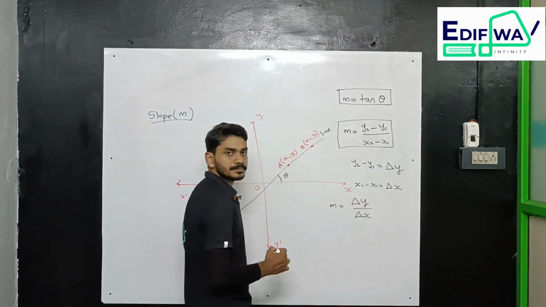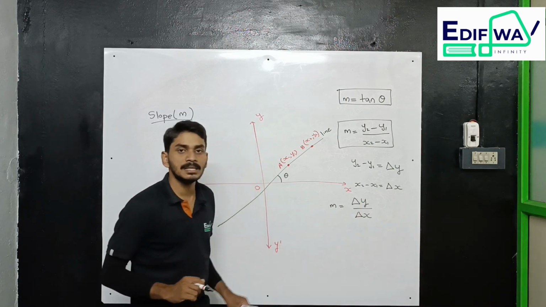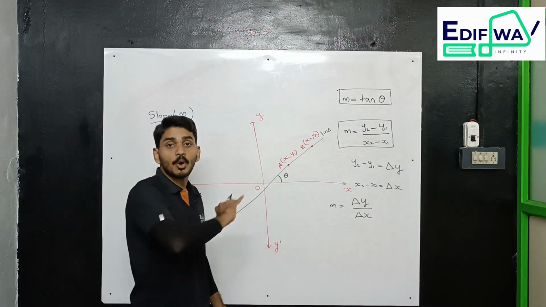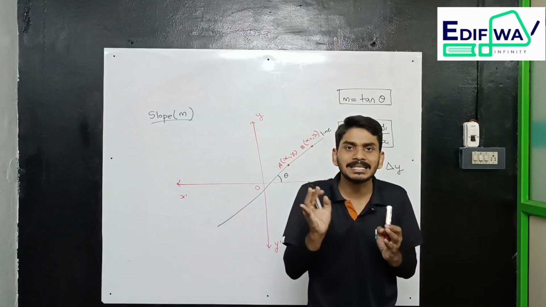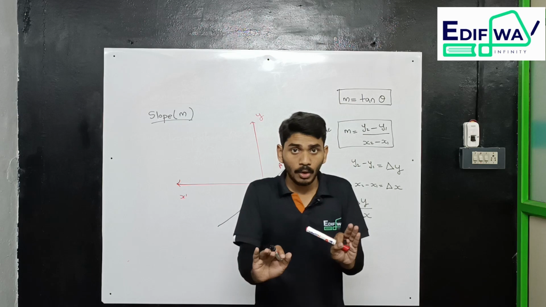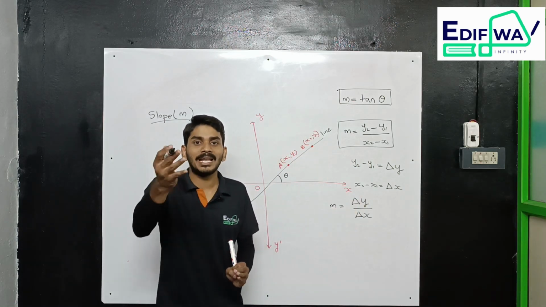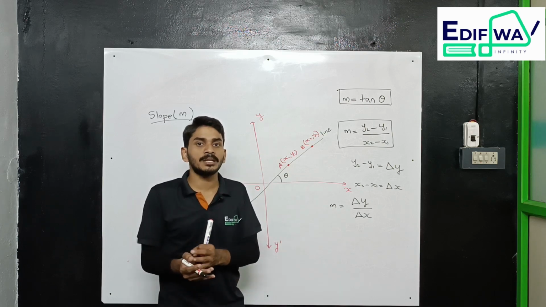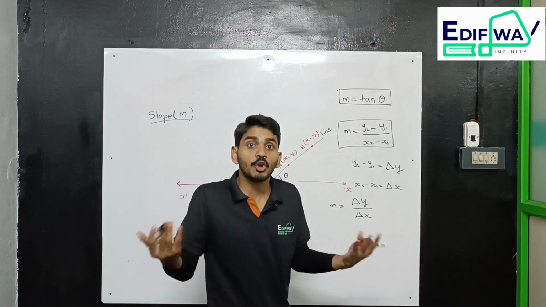Now here, if your delta x is very small, we can say it is approximately equal to 0. It is not 0, it is just tending to 0. The value can be near to 0 like 0.1, 0.11, 0.01.